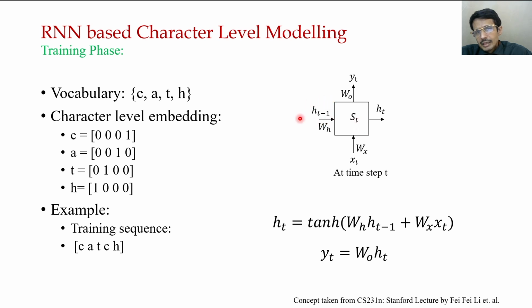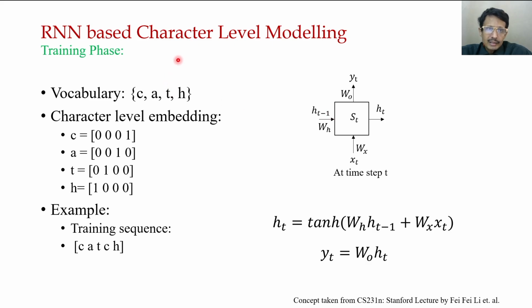The previous state is coming through WH, and HT is produced, and we can get YT. How do we get HT? Tanh is the activation function or nonlinearity we are putting, and before that we have WH into HT-1 plus WX into XT, and this summation is put into the nonlinearity to get HT, and YT comes from HT. So this is a simple structure.